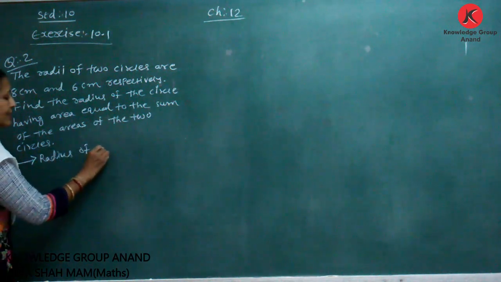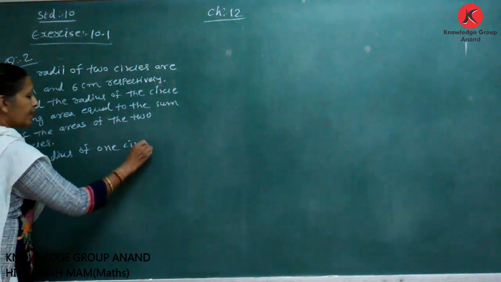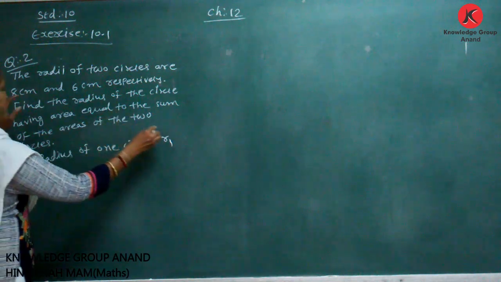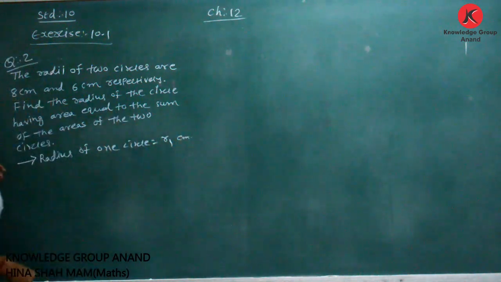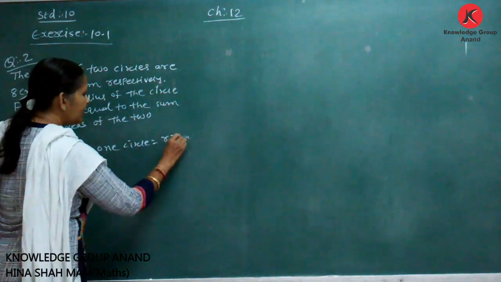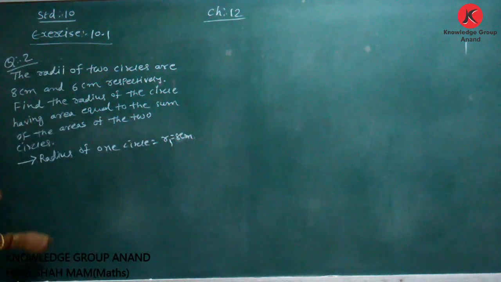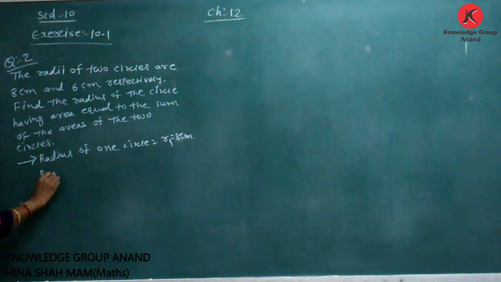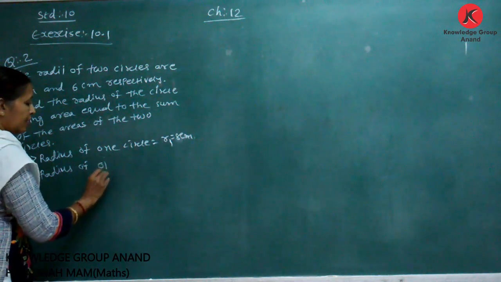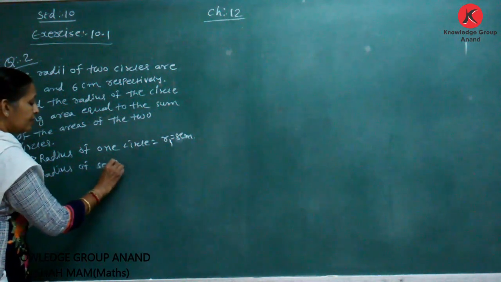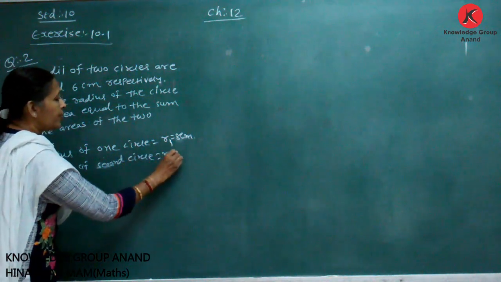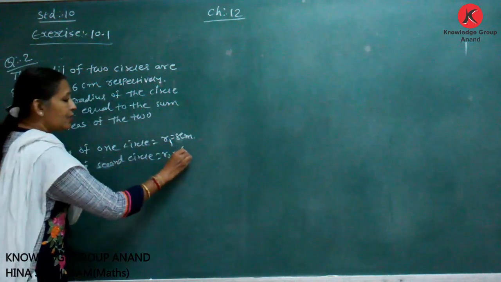Radius of one circle is R1 equals 8 centimeter. It is given. Radius of the second circle is R2 equals 6 centimeter.